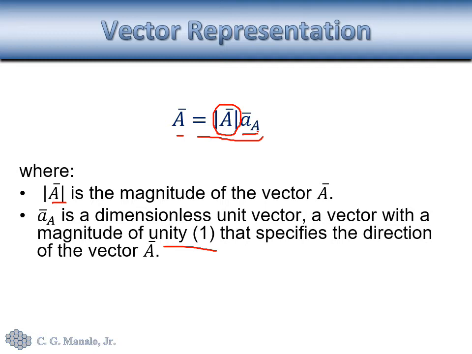So the small letter a here is a unit vector that has the same direction as the original vector quantity.